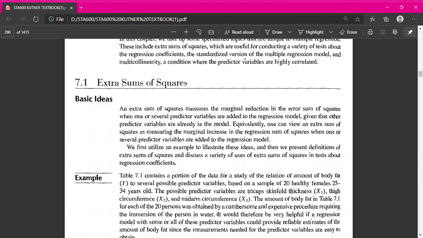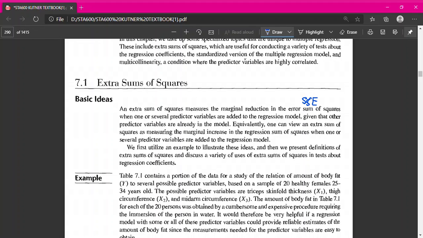Okay, it measures the marginal reduction in error sum of square, SSE, when one or several predictor variables are added to the regression model. Okay, measure the marginal reduction of error sum of square when one or several predictor variables are added to the regression model.